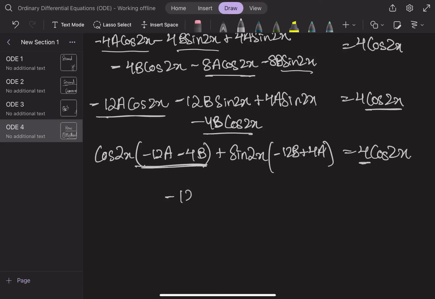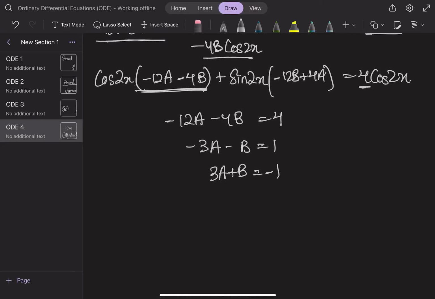Hence minus 12a minus 4b is equal to 4. So what do we get from here? We get minus 3a minus b is equal to 1. So 3a plus b is equal to minus 1.